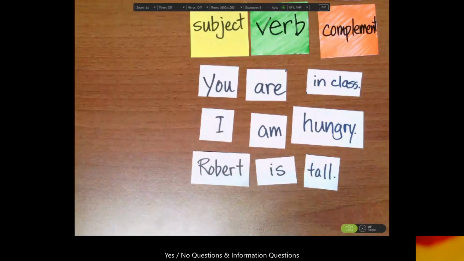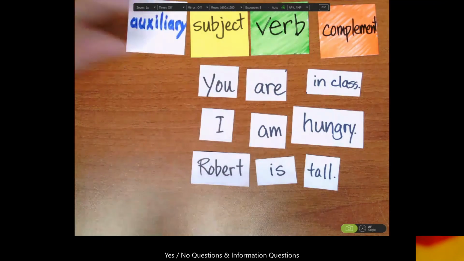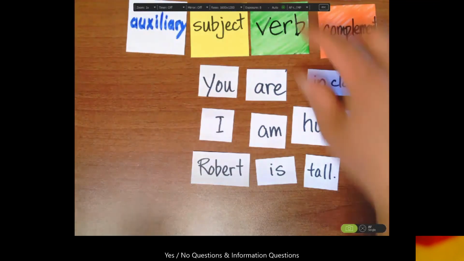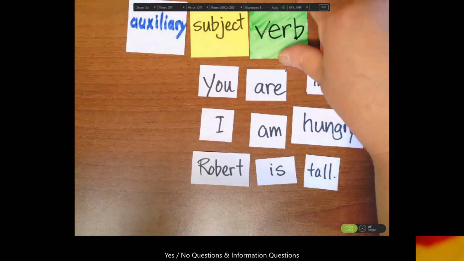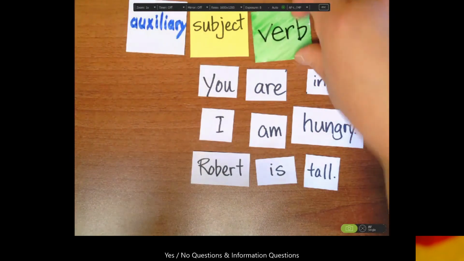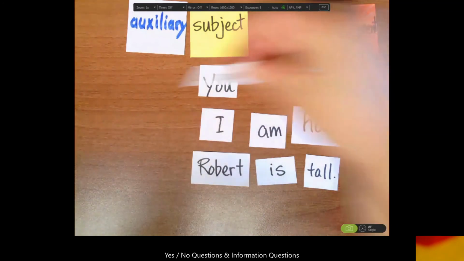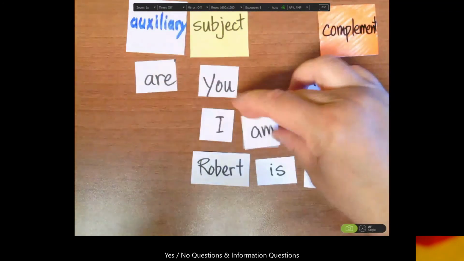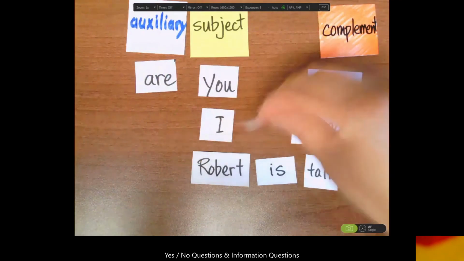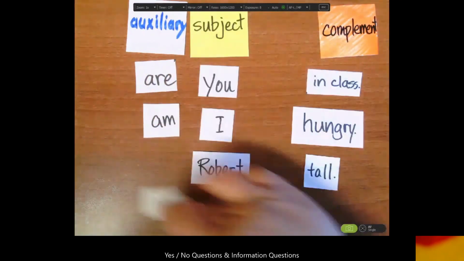So those use the verb be. It's really easy to change them into yes/no questions. Same formula. You have an auxiliary, but what happens is we're going to take out the verb and you're going to see what happens. The verb be now becomes the auxiliary and it starts the question. So you're just flipping it.